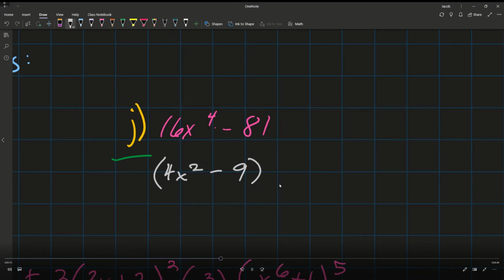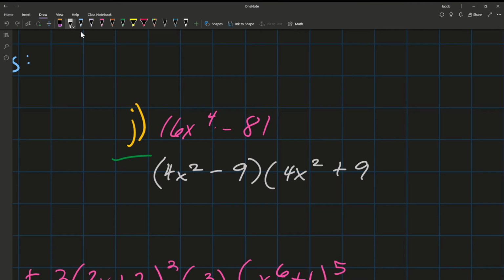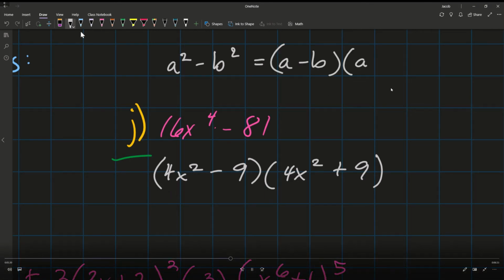So if you don't remember difference of squares, you are subtracting the square root of each term and then adding the square root of each term and multiplying those two binomials together. And here's a general formula for it. You've got a minus b and a plus b. Remember that these are conjugates. When multiplied together, they create a difference of squares.